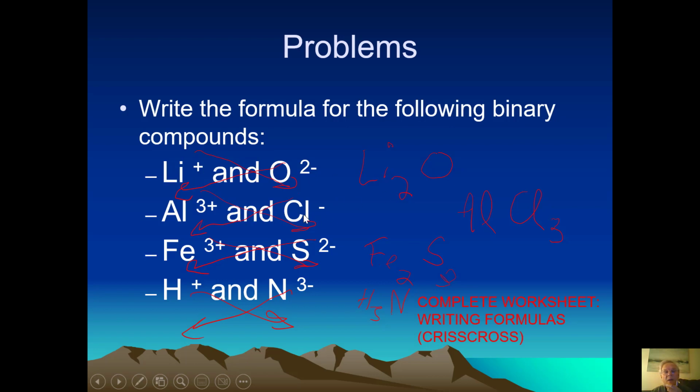For aluminum and chlorine, aluminum has 3 outer electrons, which means I'm going to have 3 chlorines available to grab those 3 electrons, and so on. It's called equalizing charge. You really don't have to worry about it. All you have to know is to crisscross the charges and ignore the signs on the bottom. Notice I do not write the signs, or the superscripts, in the end.